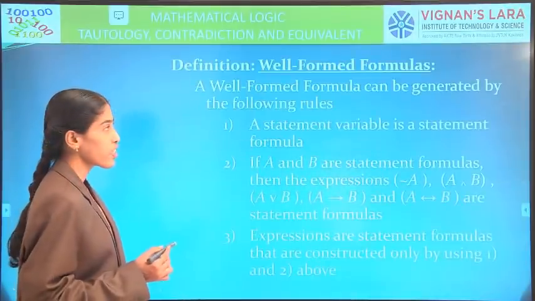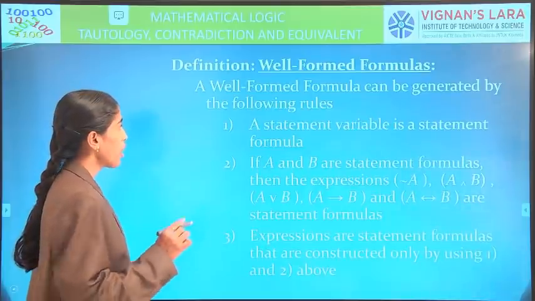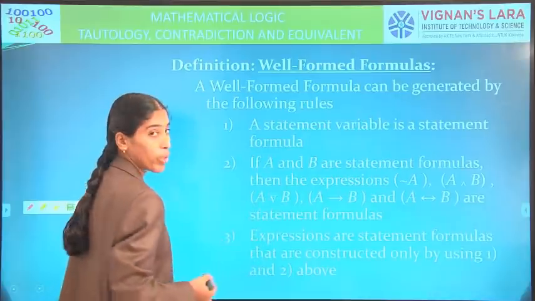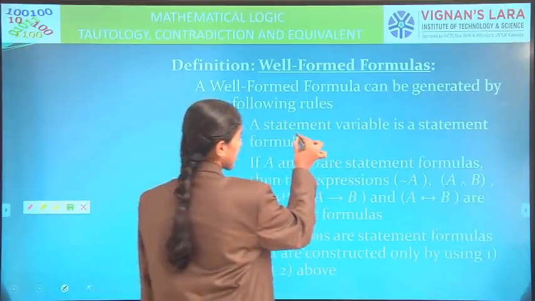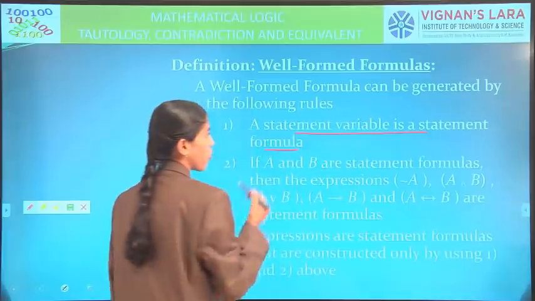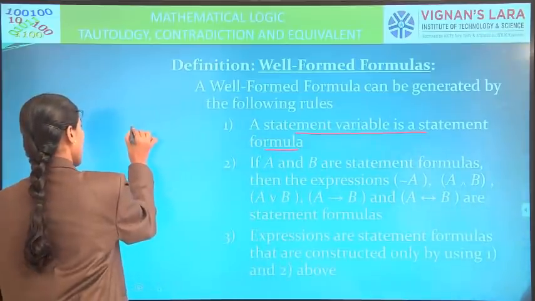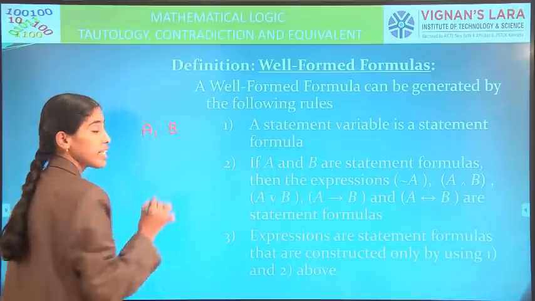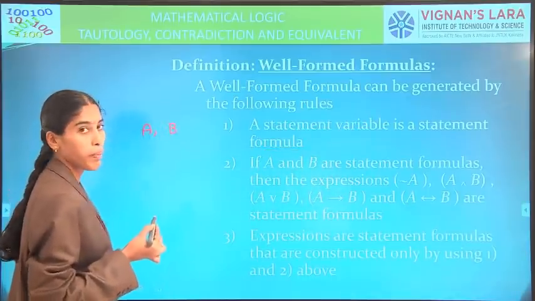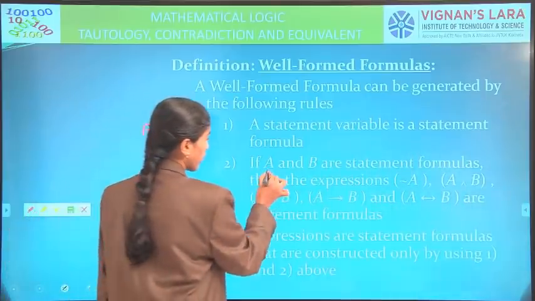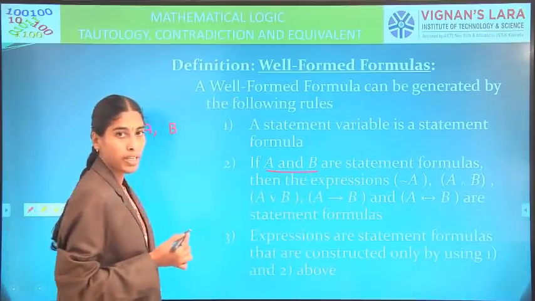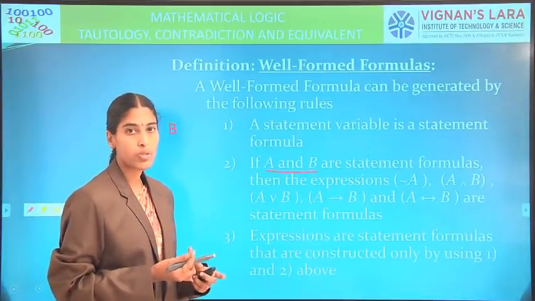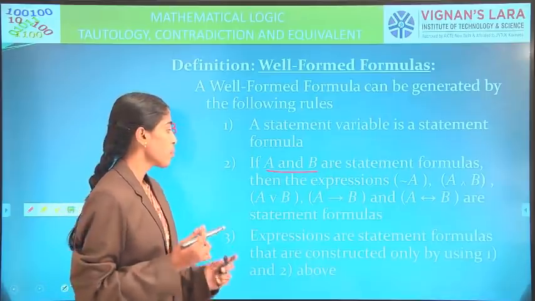Next we see the definition of well-formed formula. A well-formed formula can be generated by using the following rules. What are the rules? A statement variable is a statement formula. Means that if we take only A or only B, these variables themselves are statement formulas. Next, if A and B are statement formulas and are connected by using the logical connectives, the result is also a statement formula.